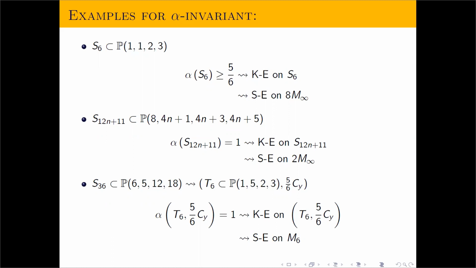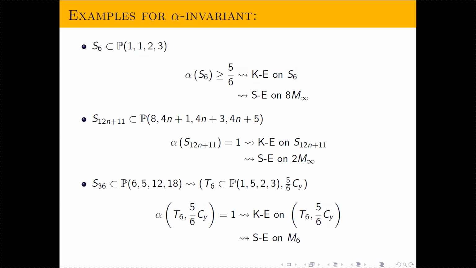Right, and now you consider this hypersurface of degree 36 in this weighted projective space, but this is not well-formed. That means you have a non-trivial fixed divisor, right? So you may consider this as an orbifold, as this log del Pezzo surface.